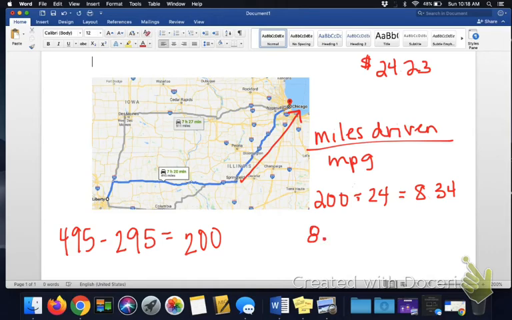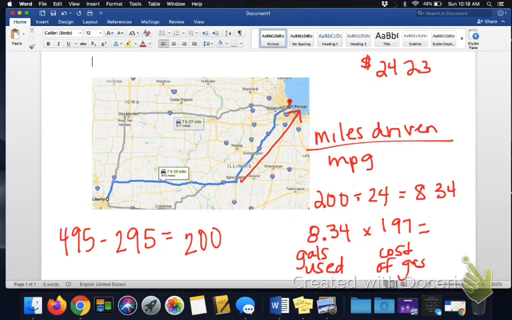Again, I did not look up the price, but you will need to figure out the cost of gas in the cities that you're stopping in. Again, I'm going to use $1.97. So this is gallons used, and we're multiplying that by the cost of gas, which is $1.97. So I'm going to multiply those two together again. And I came up with $16.43.